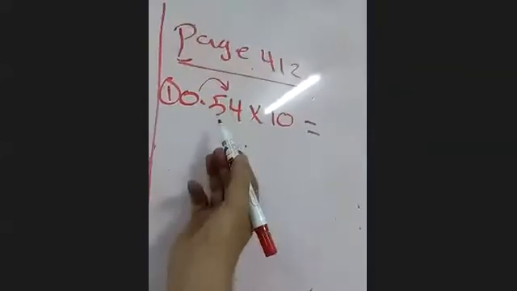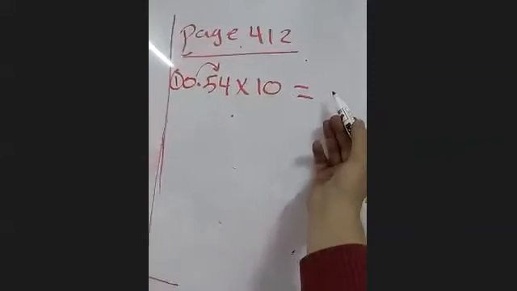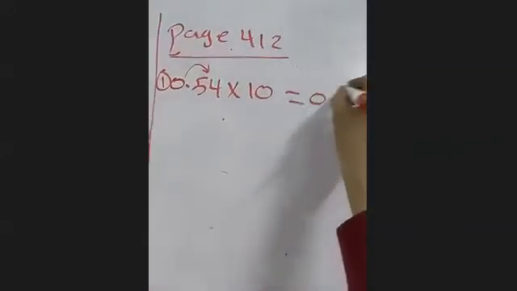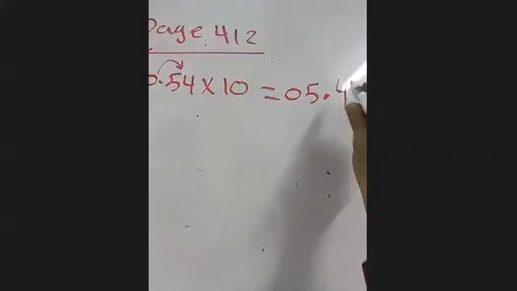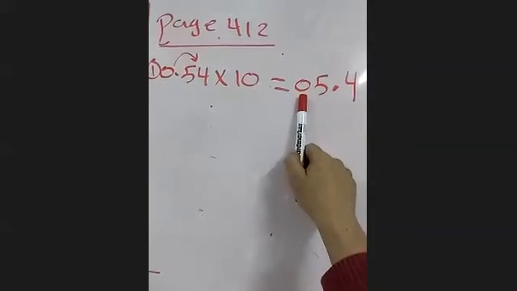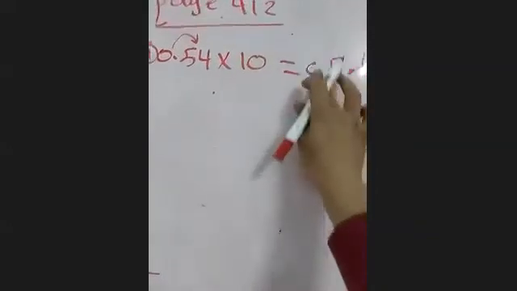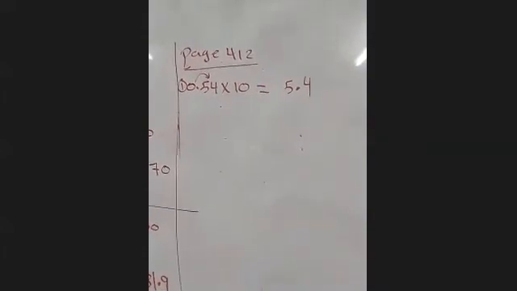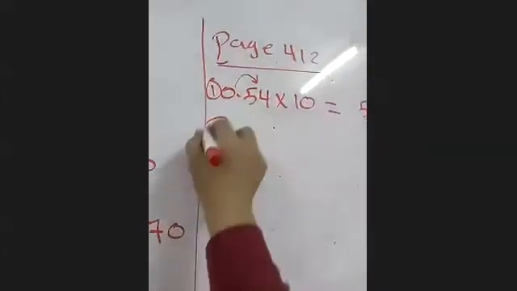It will be between the 5 and 4. So what's the answer here? 05.4. This 0, do we need it? No, you can erase it. So what's the answer? 5.4. Excellent.